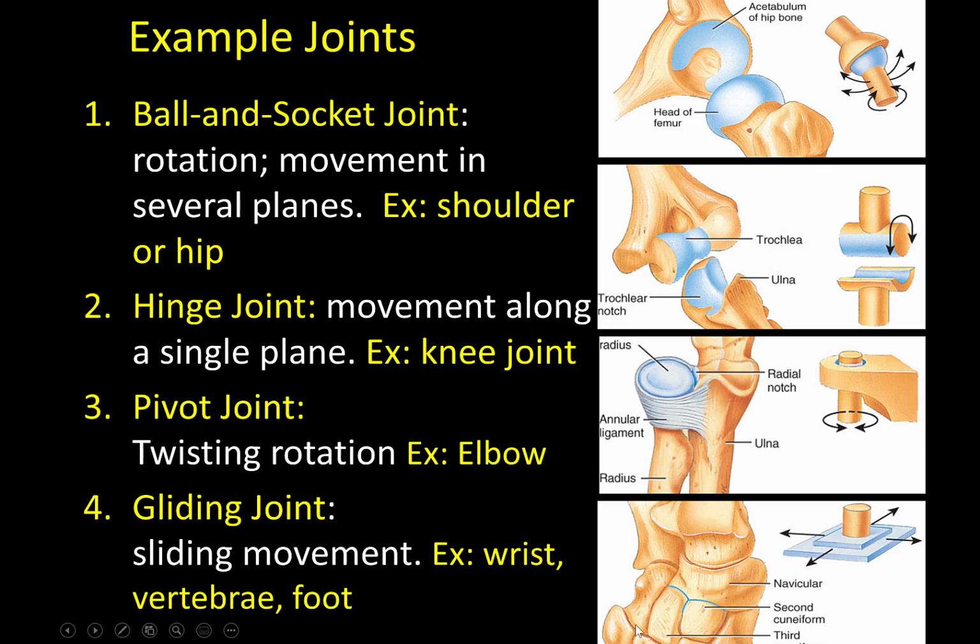Think all of the bones in your foot and all of the bones in your wrist, right? Your wrist bones, when you rotate your wrist, just glide across the surface of each other. Your vertebrae work the same way. When you bend your back forward or backwards, side to side, your vertebrae slide, but they don't lift away from each other. Those are all gliding joints.